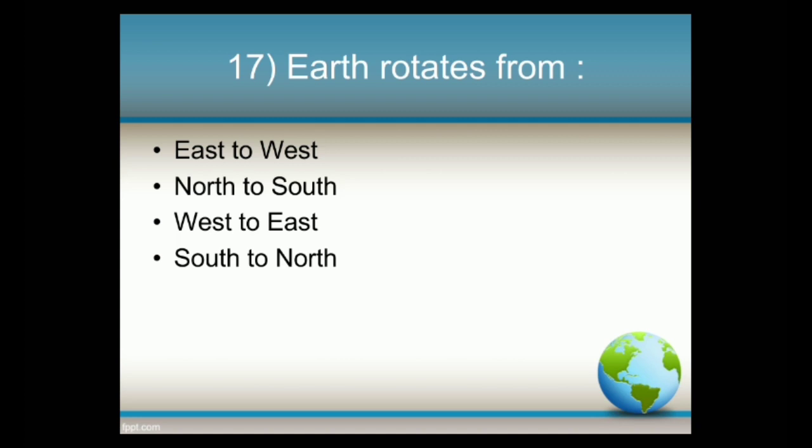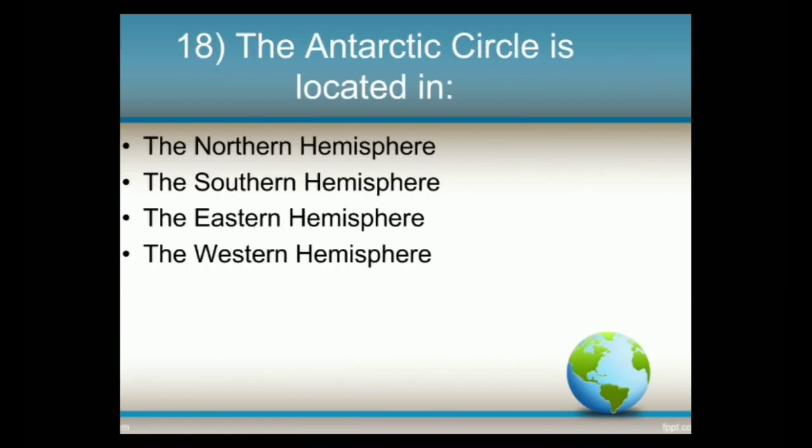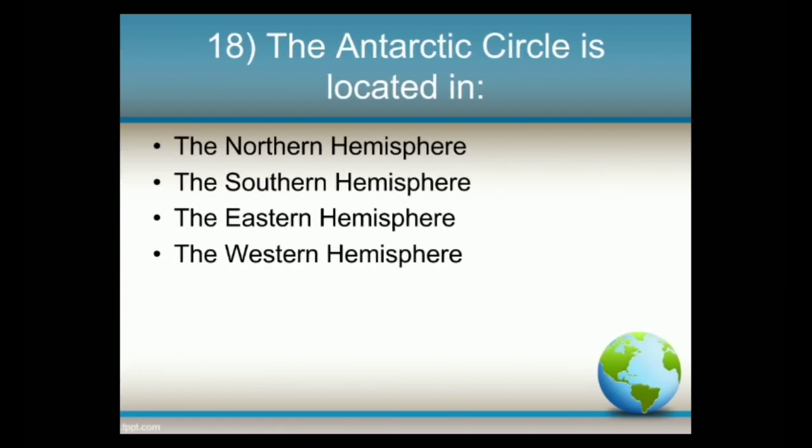Next, Earth rotates from options east to west, north to south, west to east, south to north. And the answer is west to east. Next, the Antarctic Circle is located in options the northern hemisphere, the southern hemisphere, the eastern hemisphere, the western hemisphere.